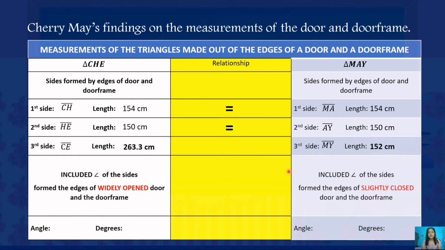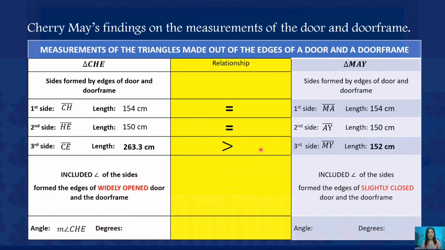So what's the relationship of CE to MY? It's greater than. So what do you think is the reason that makes the third side of the first triangle greater than the second? So let's see if it is affected by the angle or the opening of the angle.